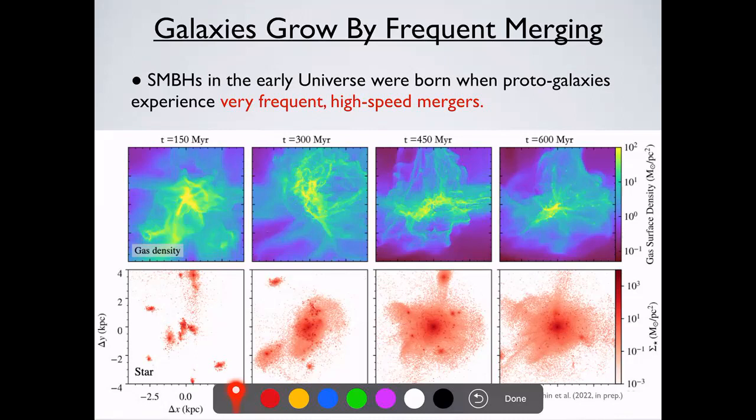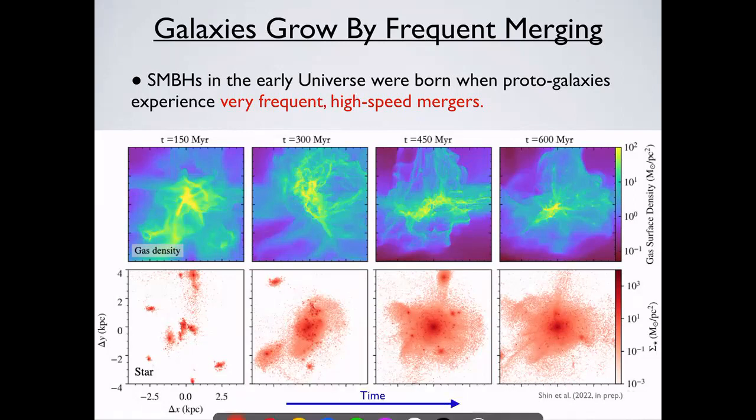So if you actually look at the growth history of the host galaxies of the high Z supermassive black holes, it's a result of 10, 15 very fast high-speed mergers. As you can see, as time goes from left to right, small galaxies form to grow a large galaxy in just about a few hundreds of millions of years.